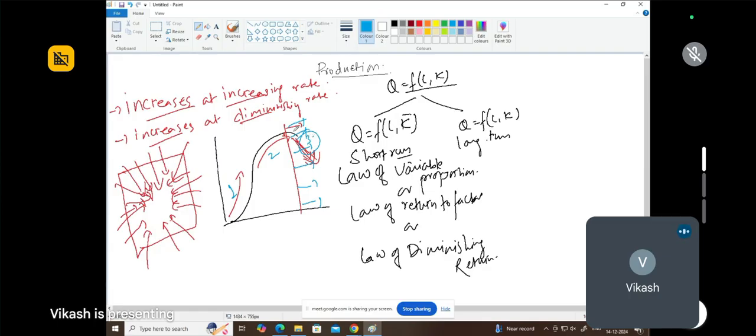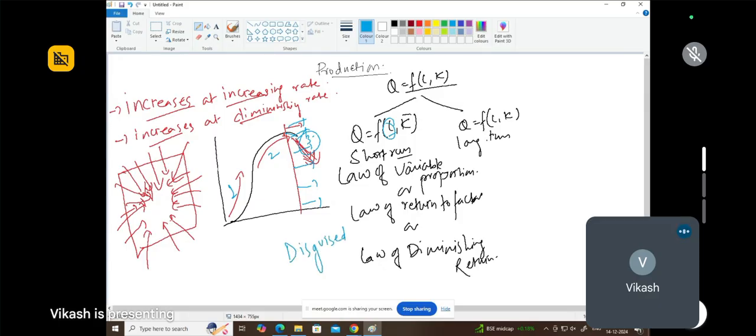So stage 3 is not feasible, because if an owner or company finds that they are about to enter stage 3, they stop hiring L. They stop increasing L. When they stop hiring L, these factor L, which remain unemployed, are known as disguised unemployment.